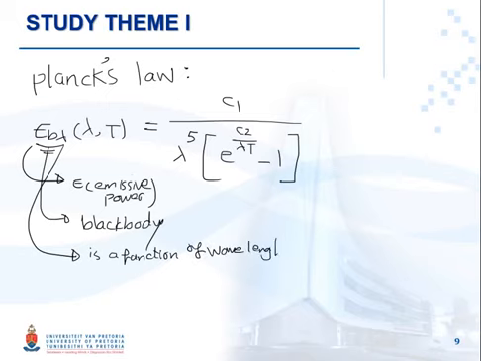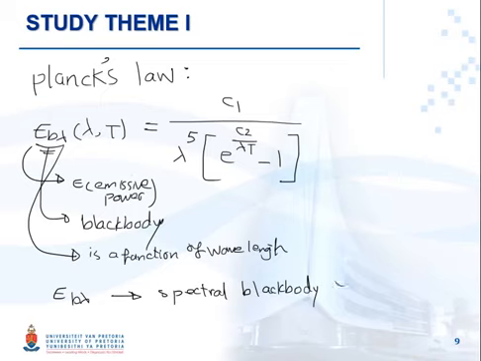So if we want to read it, E_b lambda will be read as spectral, which means function of wavelength, black body emissive power. Okay, spectral black body emissive power. So emissive power in its nature is a function of temperature. We have it here. And because it's spectral, it's a function of wavelength as well.